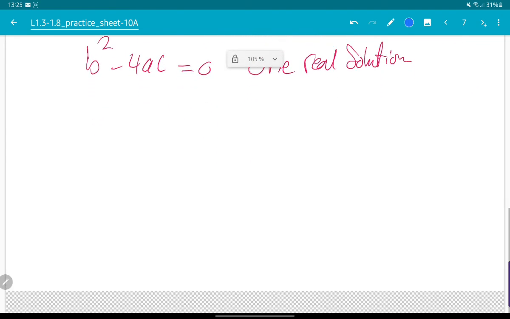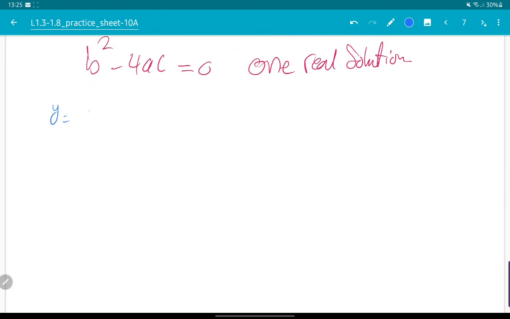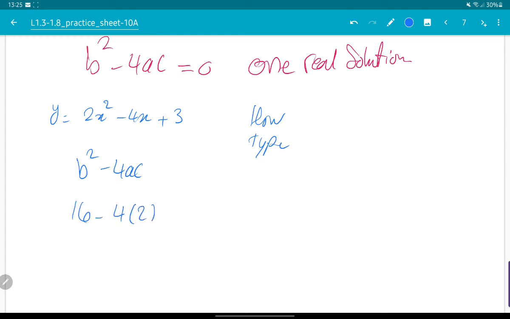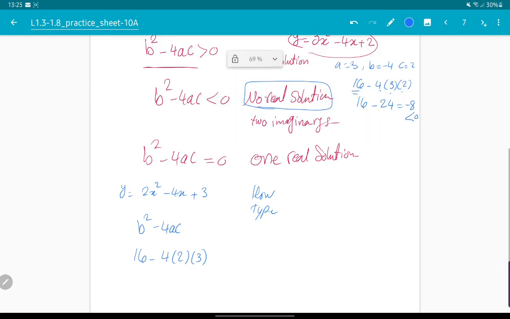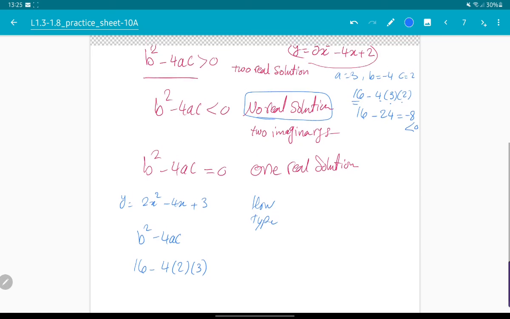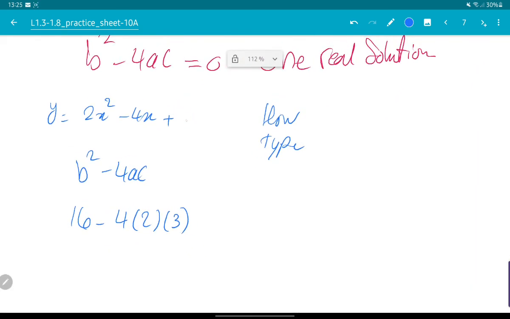Okay, so I will give you another question. For example, y equals 2x squared minus 4x plus 1. How many solutions? What are the types of solutions? Your answer should use b squared minus 4ac. b squared, which is 16, minus 4 multiplied by 2 multiplied by 1.